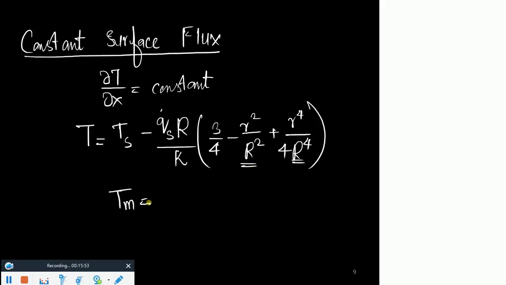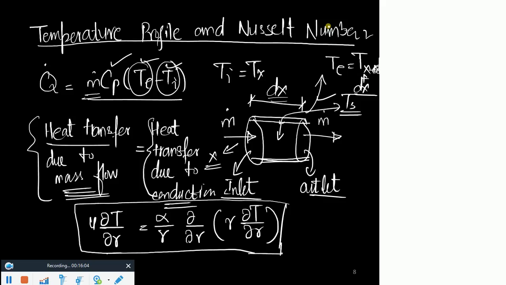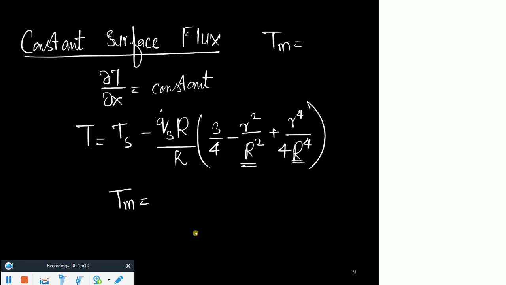Similarly, if you use the mean temperature definition, you remember that we talked about the definition of this mean temperature profile. If you talk about the surface flux boundary condition, the surface is along X. So Tm, if you use the same definition where we use T of r and then we have d of r, something like that, we derived that thing.